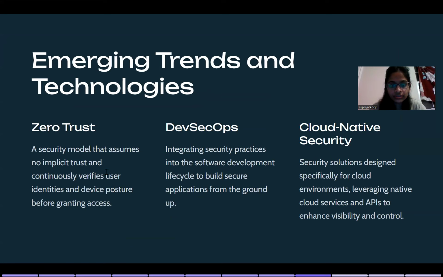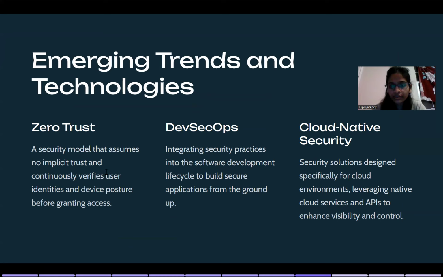Next, DevSecOps is about seamlessly weaving security measures into the software development process from inception to deployment. It involves integrating security practices and tools throughout the entire software development lifecycle and ensuring that security is a fundamental aspect of the development process rather than an afterthought.